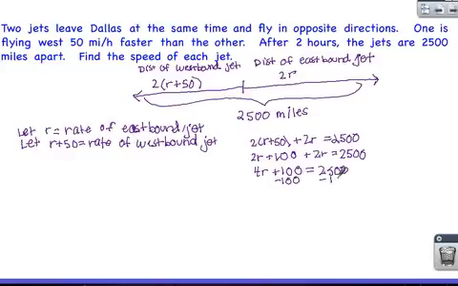Subtract 100. 4R equals 2,400. R equals 600. R is the rate of the eastbound jet, so the eastbound jet travels 600 miles per hour. The westbound jet travels 650 miles per hour.